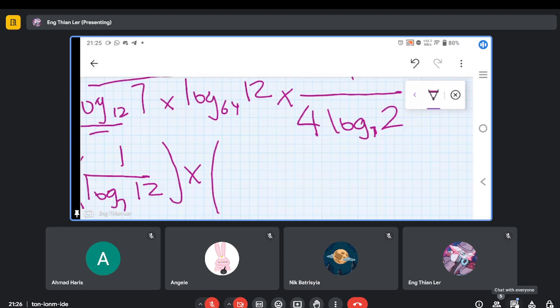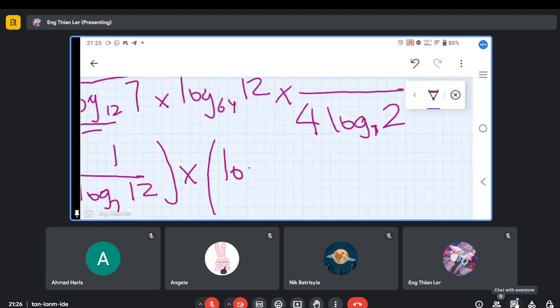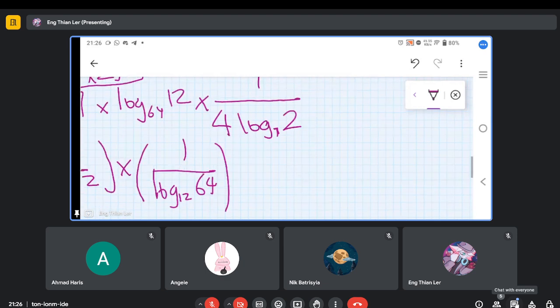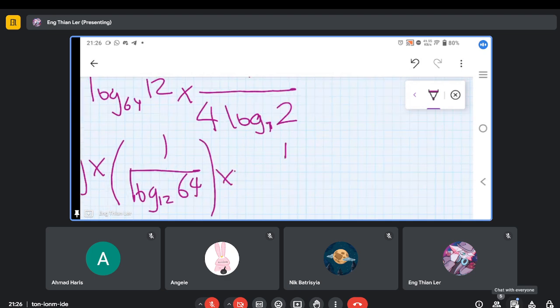Later we can simplify also. So log 64 base 12, 1 over log base 12 64, multiply by 1 over 4 log 7 2.